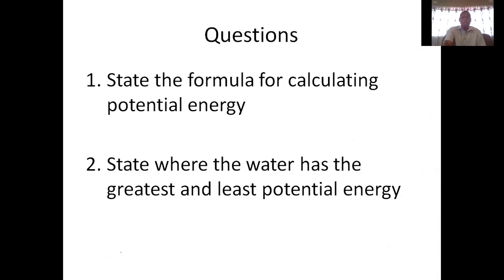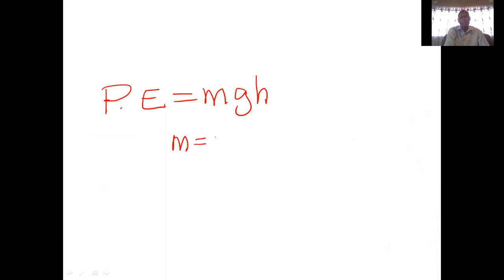The first question is, let's state the formula for calculating potential energy. Potential energy is equal to mass multiplied by gravitational field strength multiplied by the height. M is the mass, and this mass should be in kilograms as the units.